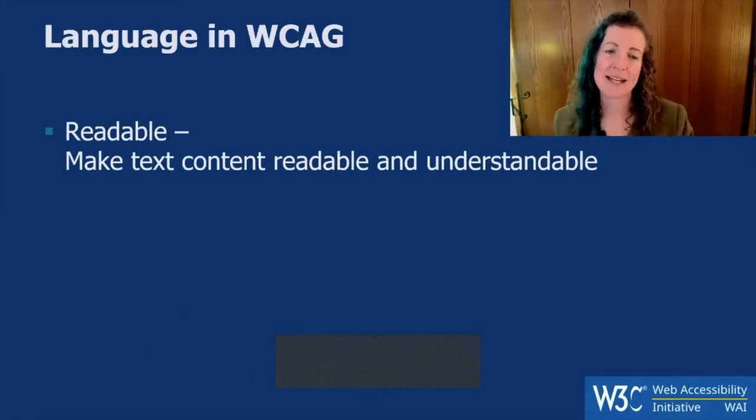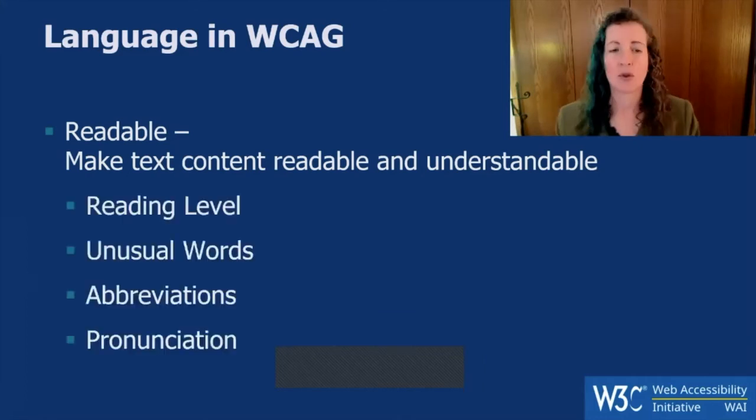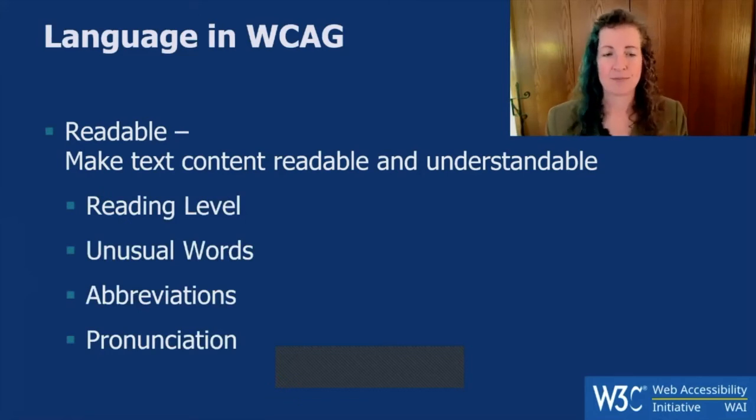It says, make text content readable and understandable. And underneath that are success criteria that go into more detail on language, reading level, unusual words, abbreviation, and pronunciation. And that's something you're probably very familiar with around easy language.